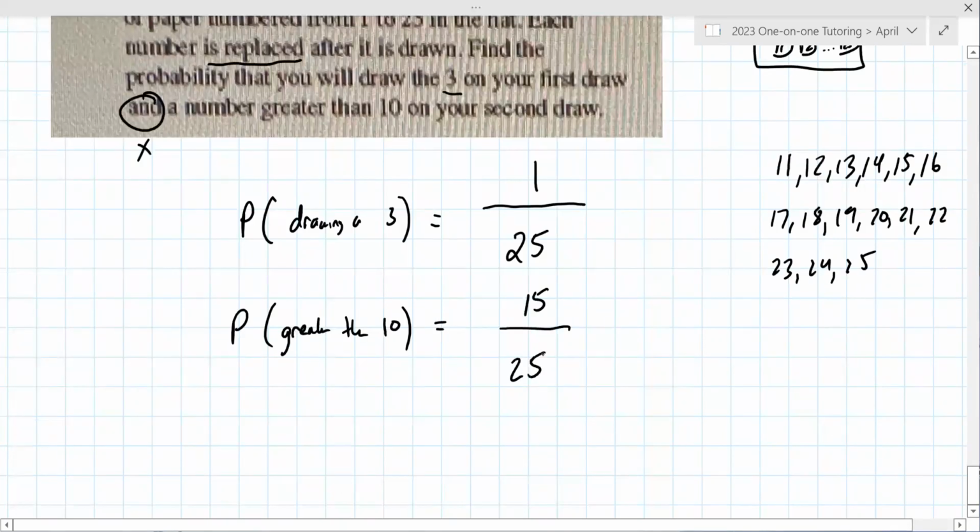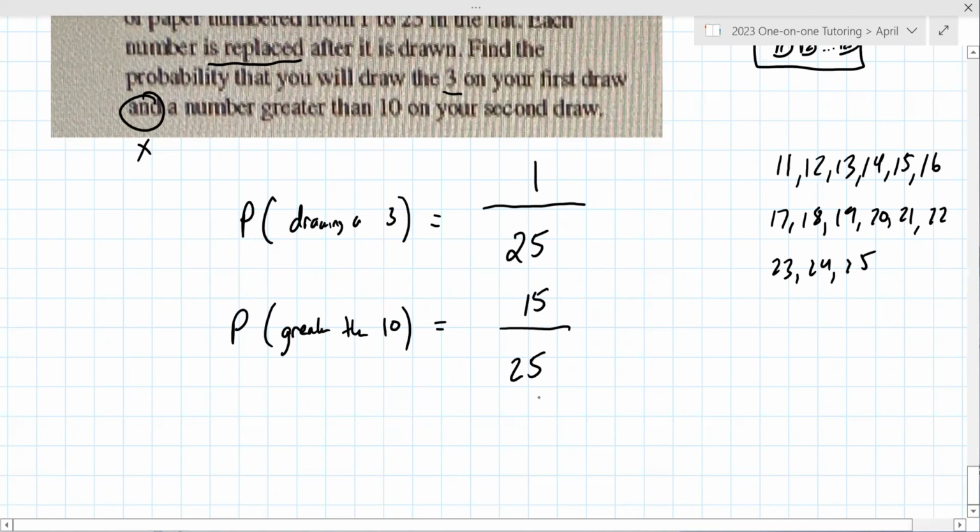There's 25 total. The reason there's still 25 total is because you didn't take one out. You didn't take that 3 out. All right.